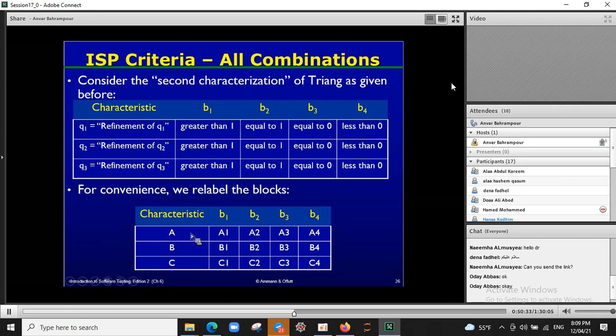So in each choice coverage, the number of tests is equal to the number of blocks of the largest characteristic. Here it's 4, so we have to do 4 test cases.